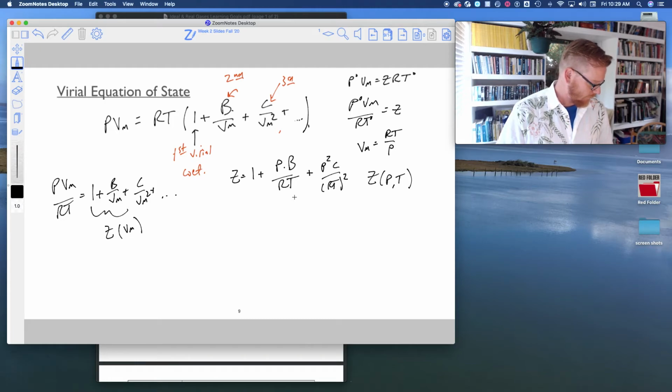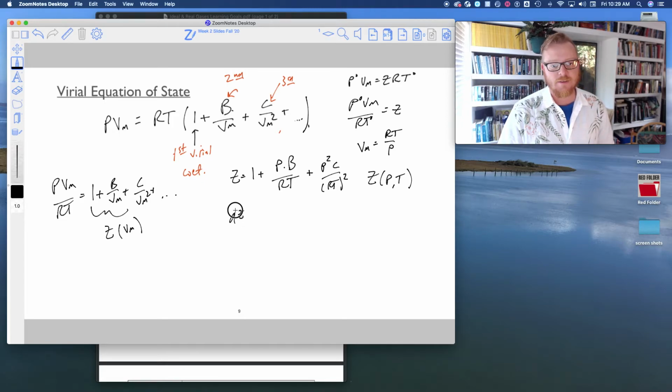And so if we do some analysis on this, if we were to say, for example, dZ by dP, so what is the dependence of the compression factor on pressure, dZ by dP, then we would get whatever derivative this is.